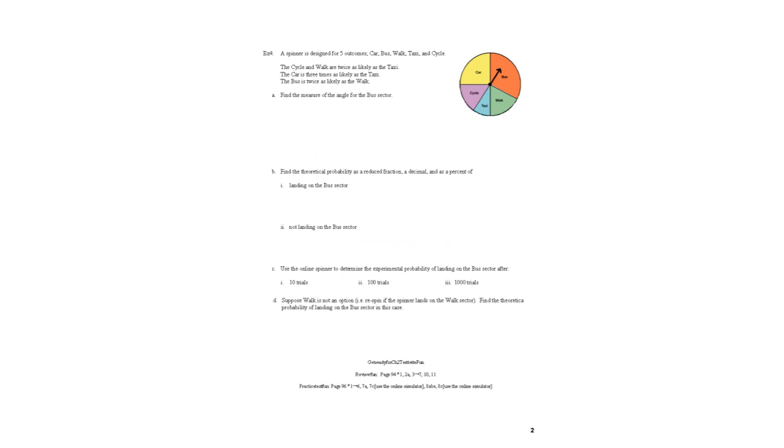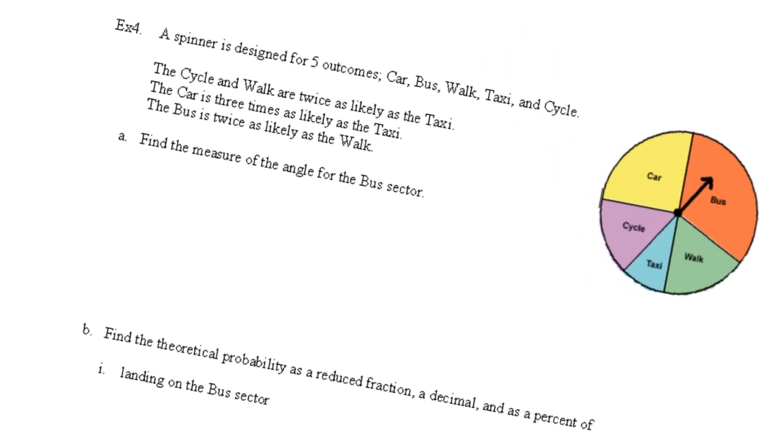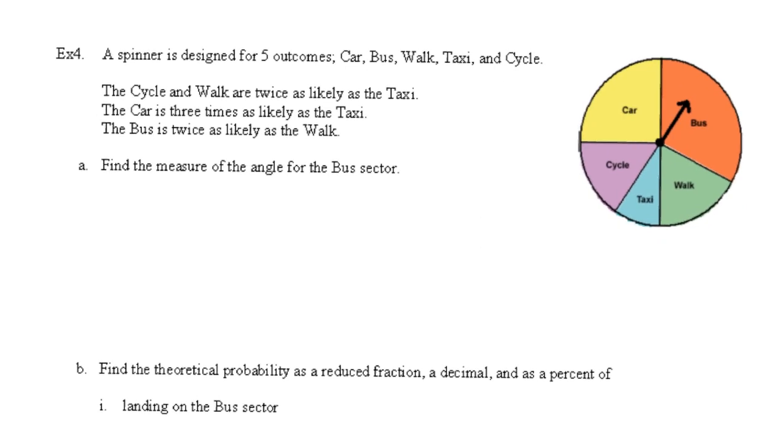Okay, I lied. I think we can do question number 4. I thought there was 2 extra questions here. But here's our spinner, right? Our spinner is pretty accurate, right? But if you look at this, right, a taxi is the smallest thing in this entire wedge here, right? So let's go and say that a taxi is equal to X likelihood, right?